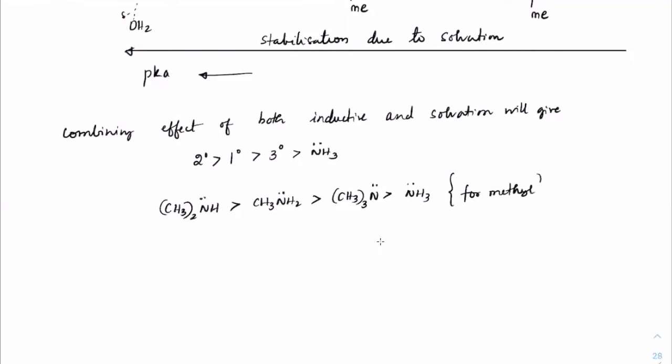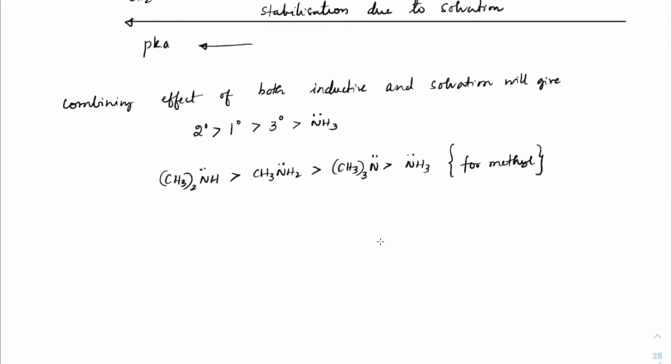Suppose it is for ethyl, which means we have ethyl twice, (Et)2NH, correct? Then it is tertiary. Here the combining effect will make tertiary ethyl more basic compared to primary, which is EtNH2, which is more basic than ammonia.